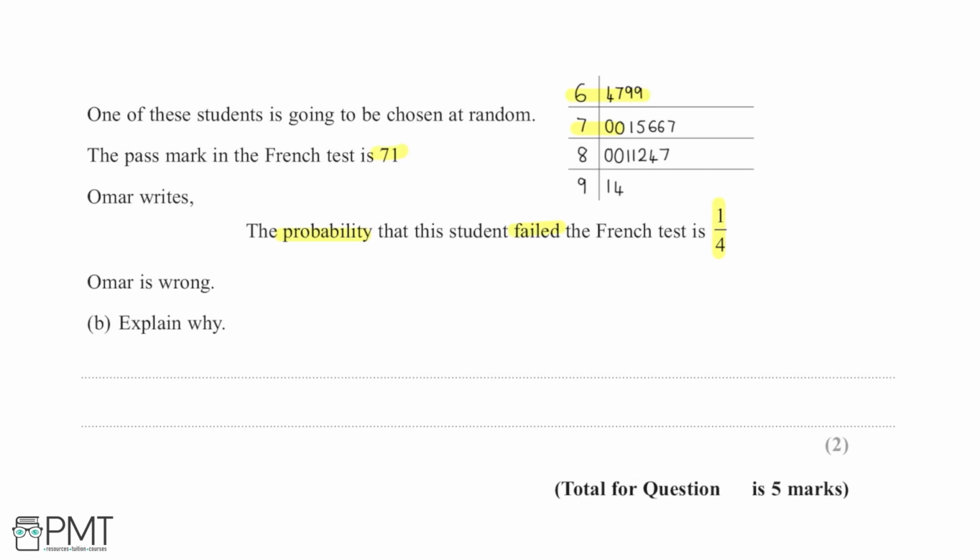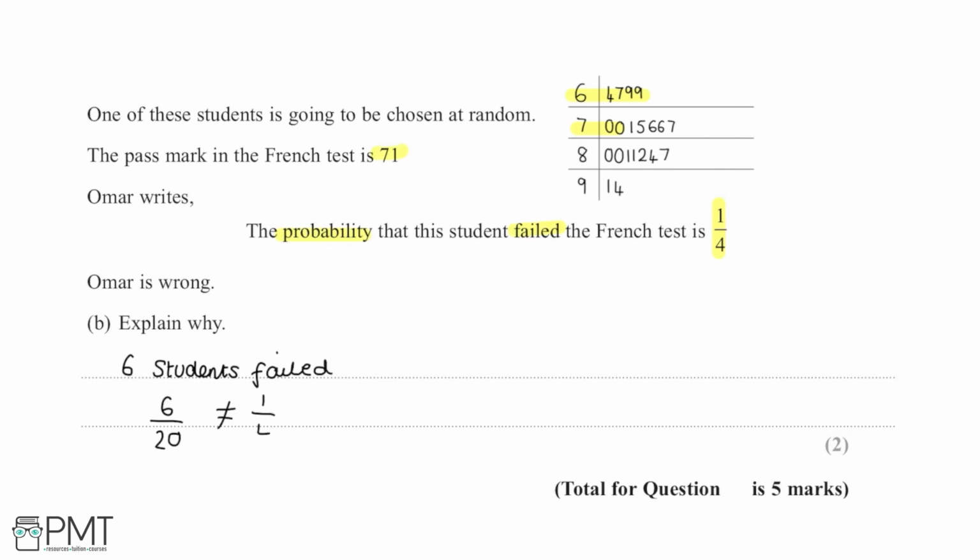So if I write down that 6 students failed this French test, I can then use this information to show that 6 out of 20 students failed, so that probability of the student having failed when one's selected at random is 6 out of 20. And if I simplify this down, this is not going to be equivalent to 1/4.